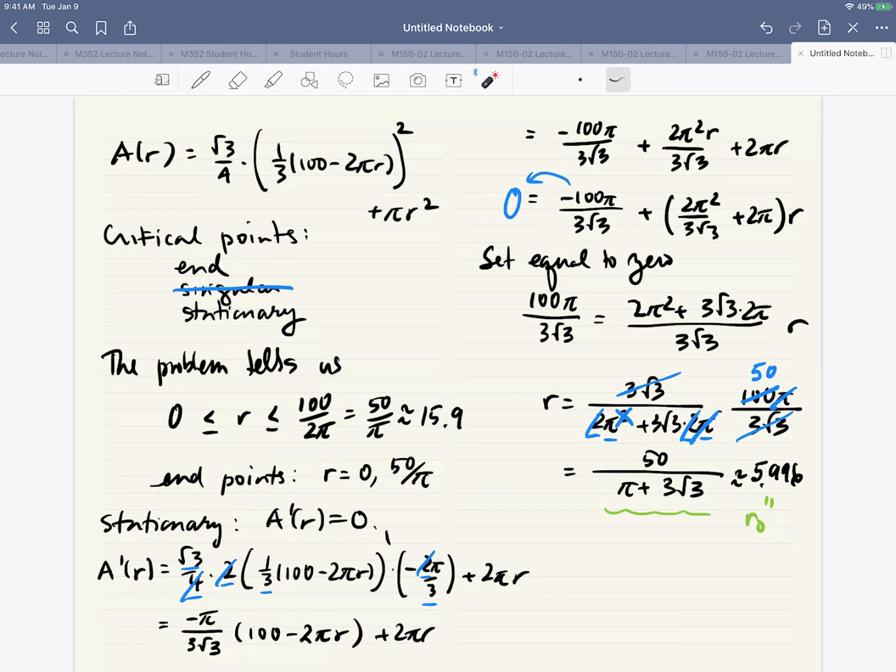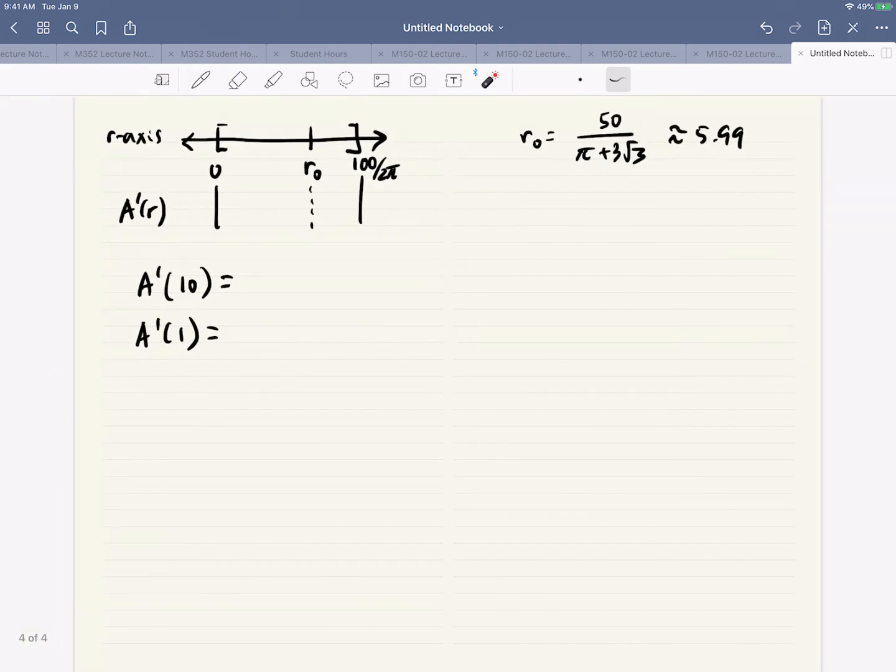I'm plugging in 1 plus 2 times pi times 1. So here I get a minus 50.4. Okay, so that's negative.